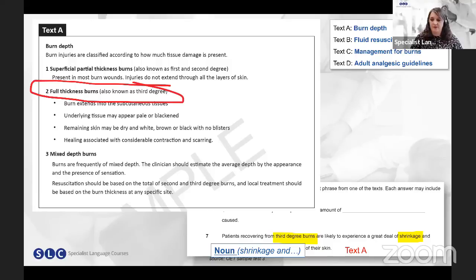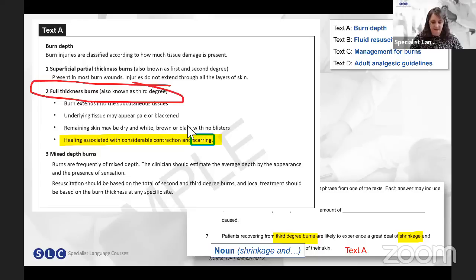We'll take a few moments to scan through and look for that noun that we need to complete our sentence here. All right, great. Okay, great. So we're looking particularly at this section here, and we have got our answer is scarring. All right, so we've got our noun as our answer there.